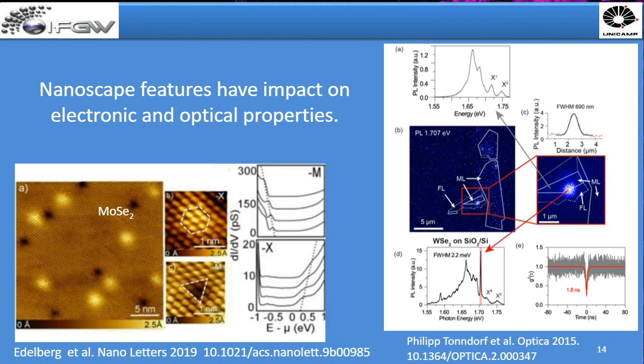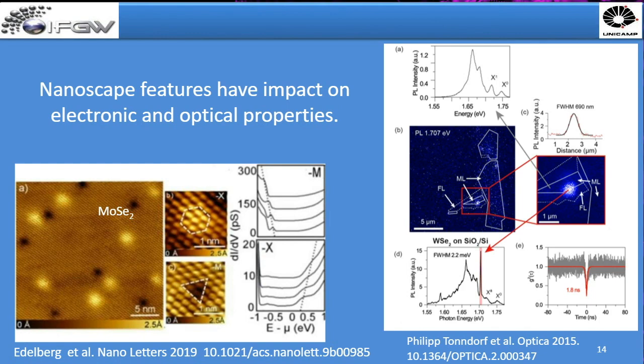So here in this other study, I show that an individual defect that is seen here on the luminescence map is shown to be an extremely narrow emitter, and also to present this so-called anti-bunching, which is a signature of a single photon emitter, which is associated to the presence of a 2-level system, which most likely is linked to one individual atomic defect.